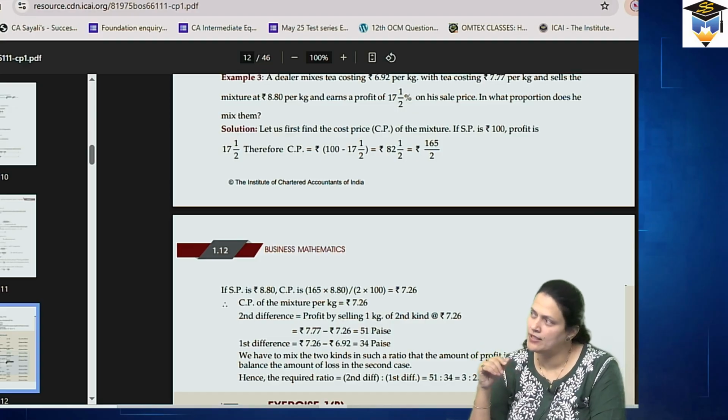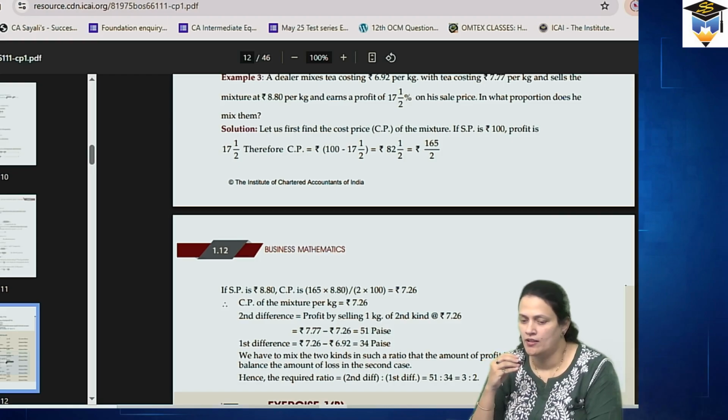So after this, we'll be starting with exercise 1B. Please understand this sum and do it on your own so that example becomes easier for you.